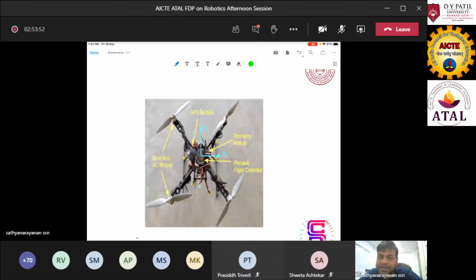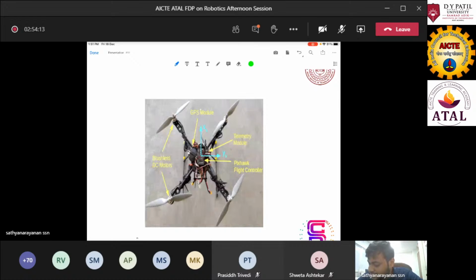It is not recommended to use a race drone because it's very difficult to pilot. If you are new to it, I would recommend using a 450 mm or larger frame to start working on drones.